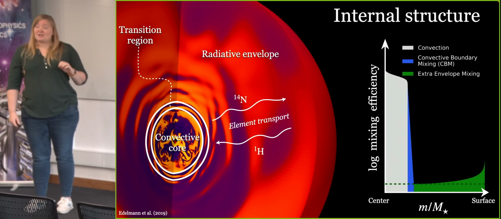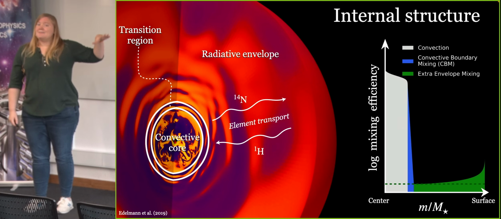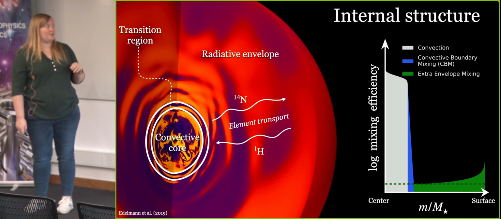One of the uncertainties that we have is that these mixing profiles are not that well constrained, and that leads to major uncertainties in the evolution of these stars and what happens to them as they evolve further on.